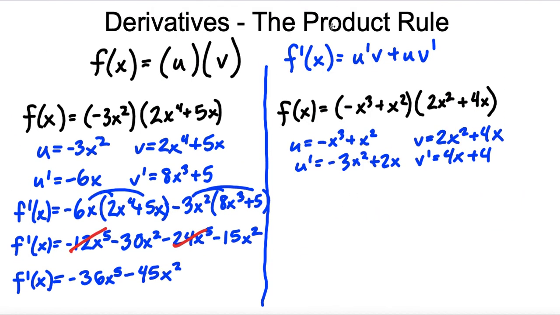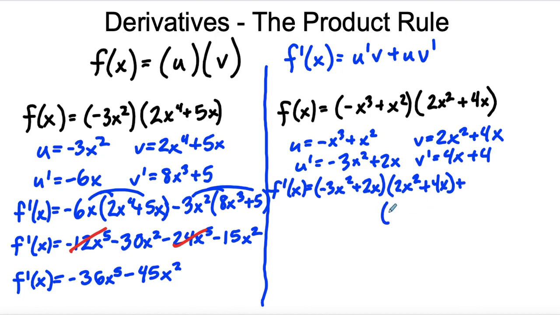So let's write out now our u prime v plus u v prime. We're going to have f prime of x equals negative 3x squared plus 2x times 2x squared plus 4x. And because I'm running out of room, I'm going to write a plus sign but put it down here.